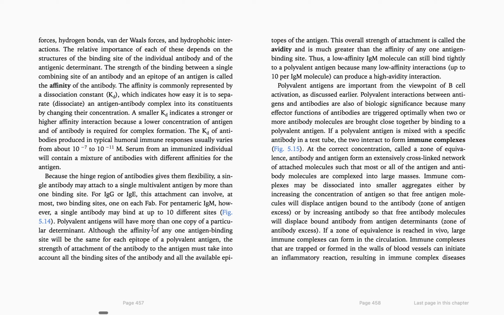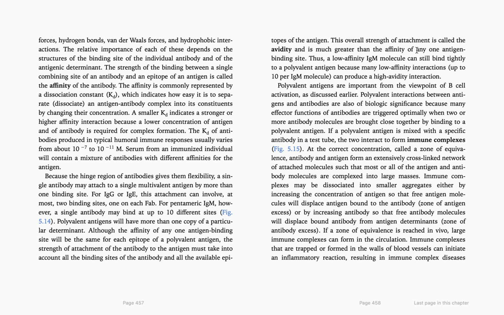Polyvalent antigens will have more than one copy of particular determinants. Although the affinity of any one antigen binding site will be the same for each epitope of a polyvalent antigen, the strength of attachment of antibody to antigen must take into account all the binding sites of the antibody and all the available epitopes of the antigen.